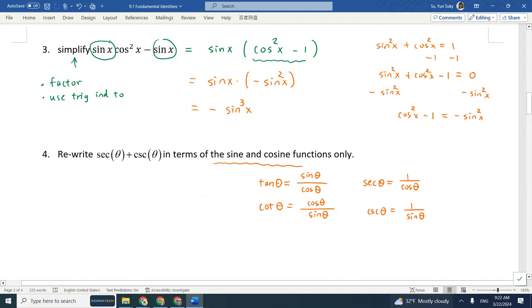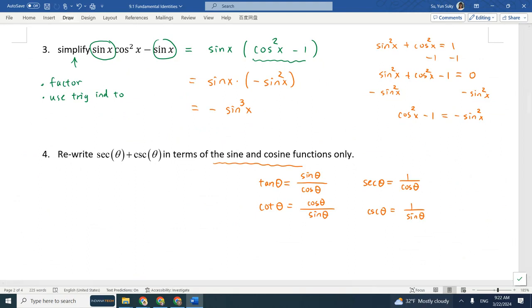So all 6 trig functions you can express in terms of sine and cosine. This is a common method because there are a lot of trig identities, so which one shall we use? Express in terms of sine and cosine, then it's easier to simplify, and you know the trig identities involving sine and cosine: sine squared plus cosine squared is 1. Okay, everybody?